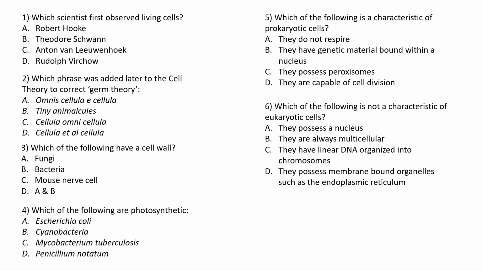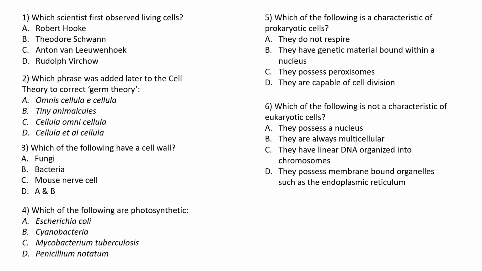Some people are saying different answers, but someone said C. Because they have linear DNA that's then bundled up into chromosomes. But in prokaryotes, they have circular DNA, right? So you have heard in bacteria, covalently linked circular DNA. So that's what they have.